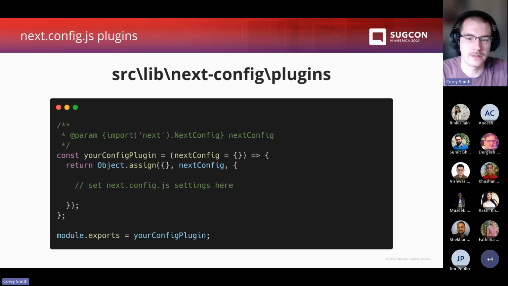And so instead of modifying the Next.js config directly, what you can do is you can just create a plugin in this folder that changes small pieces of the config. The Sitecore Next.js SDK at build time will then combine all of these plugins with the next.config.js. So if you're coming from the .NET world, this is very similar to Sitecore config patches and web.config transforms.